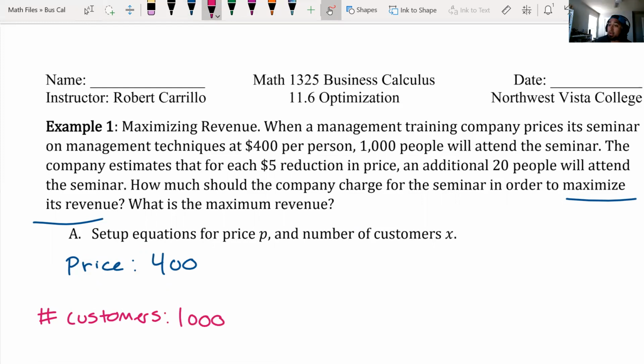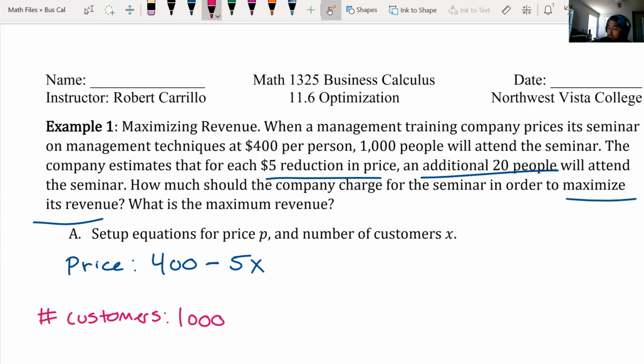And if we do a $5 reduction in price, an additional 20 people will attend. So for each $5 reduction, 20 more people come. That means for price, it's going to be 400 minus 5x, where x is the amount of reductions we're going to give.